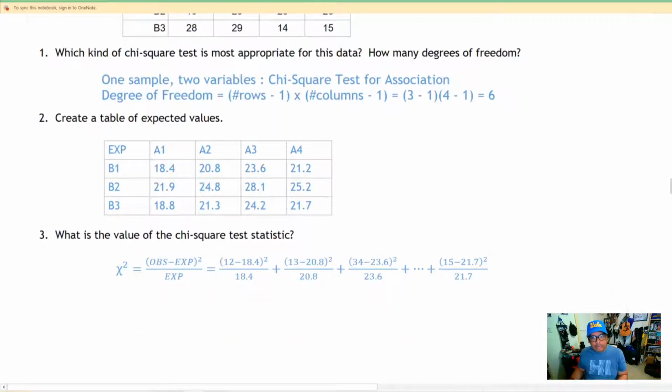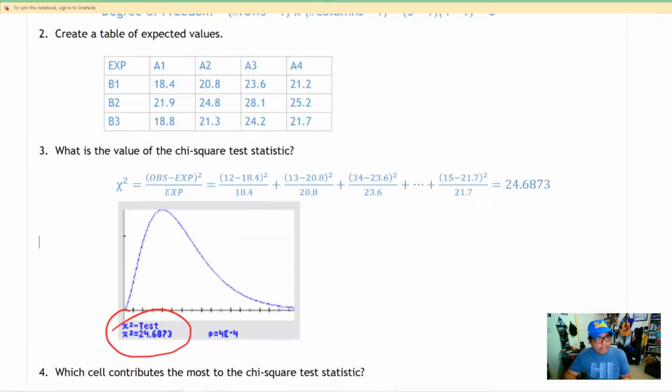That should be plenty of work to satisfy. Then, of course, remember our printout. We found that the chi-square test statistic was equal to 24.6873. There's a p-value there in our printout also, but we don't need the p-value for this particular problem.